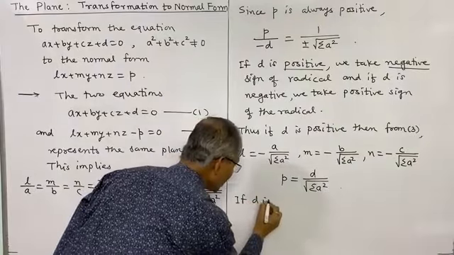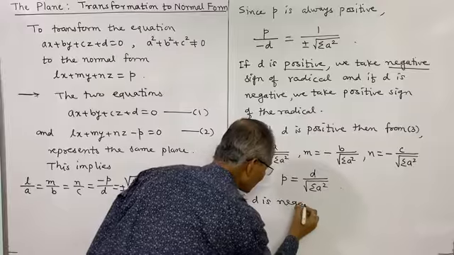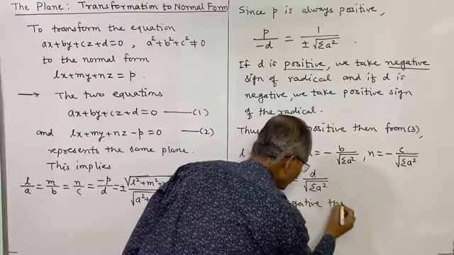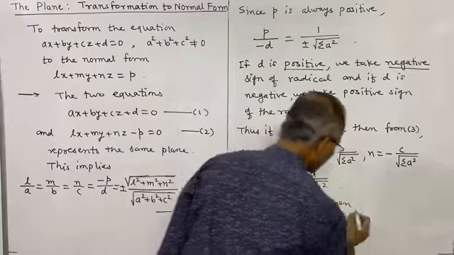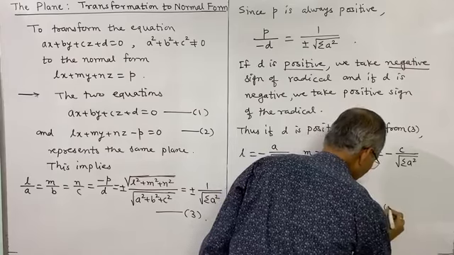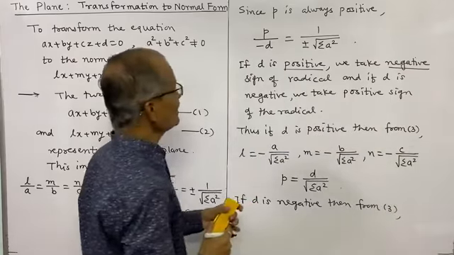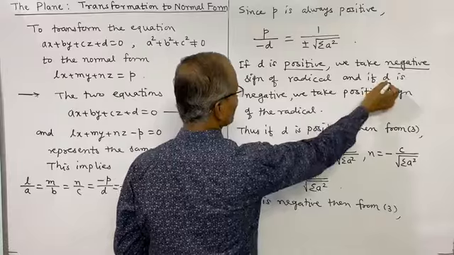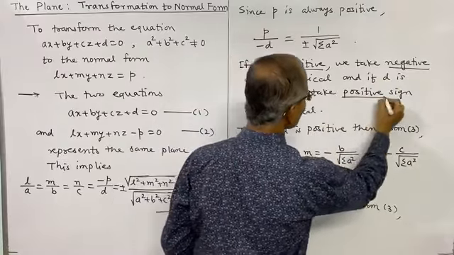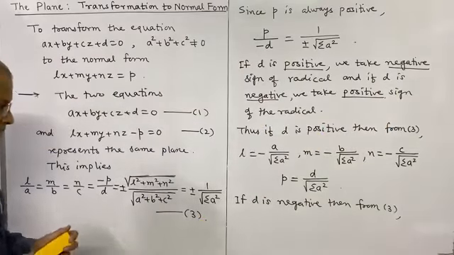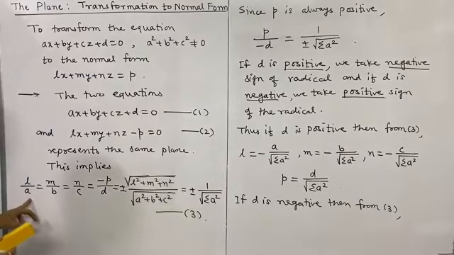If D is negative, then from 3 again, we take the positive sign of the radical, and therefore what will be the values? L will be positive.